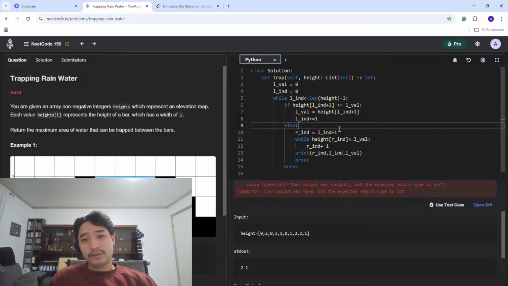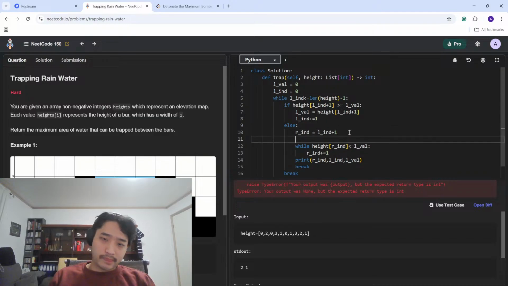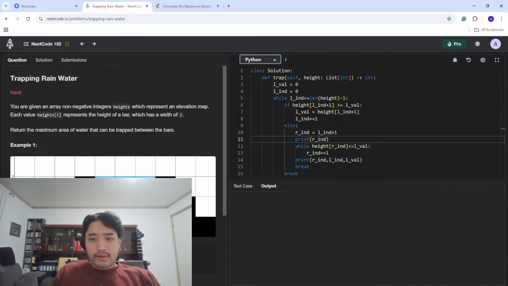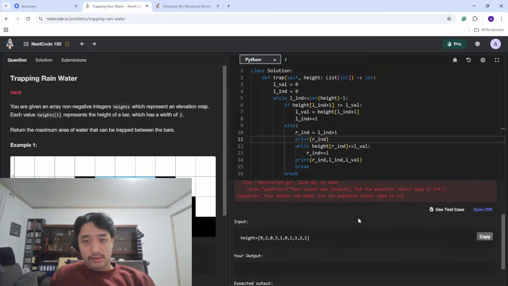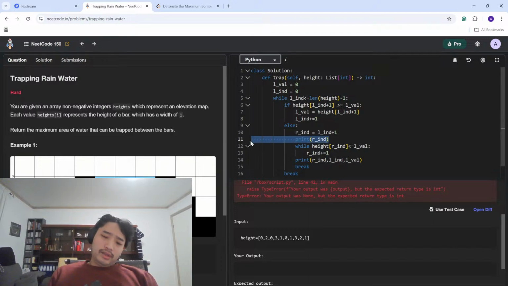Else, if height is larger than, okay, but else means it's less.